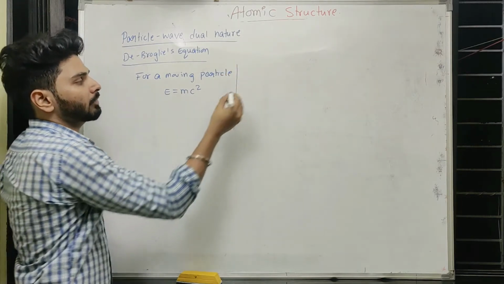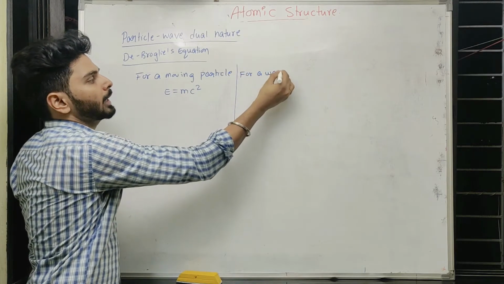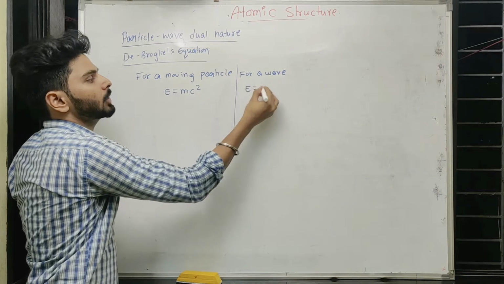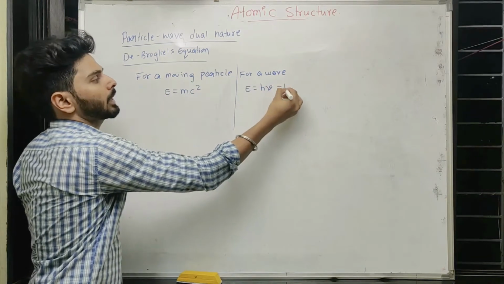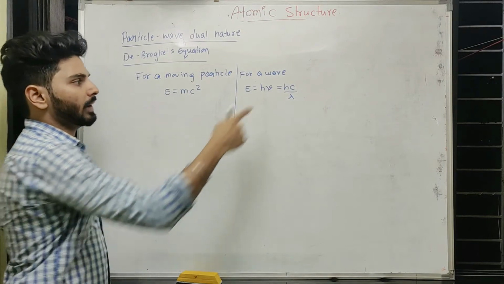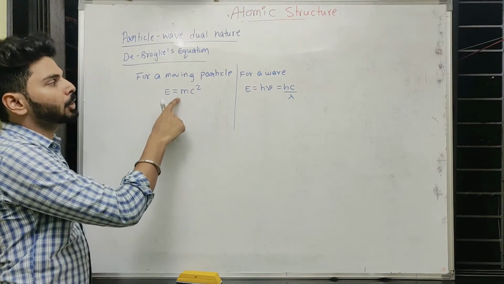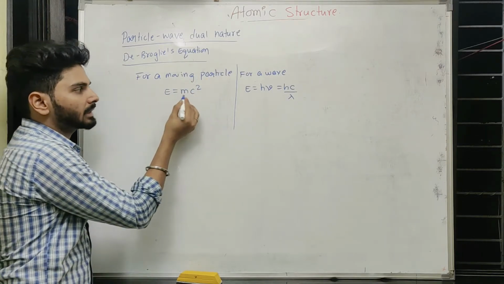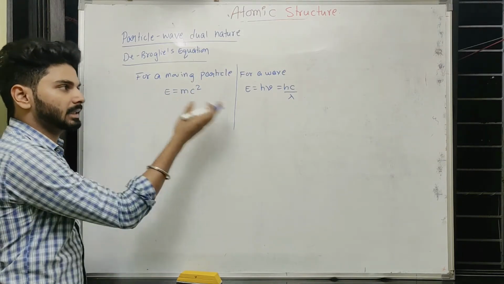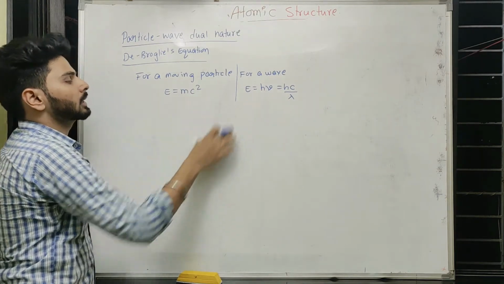And for wave nature, we also know for an electromagnetic wave, energy is equal to h into nu, or hc upon lambda if I substitute nu as c upon lambda. So this is the equation of energy for a moving particle having mass m and speed c, where c is the speed of light, and both are the same in this case.